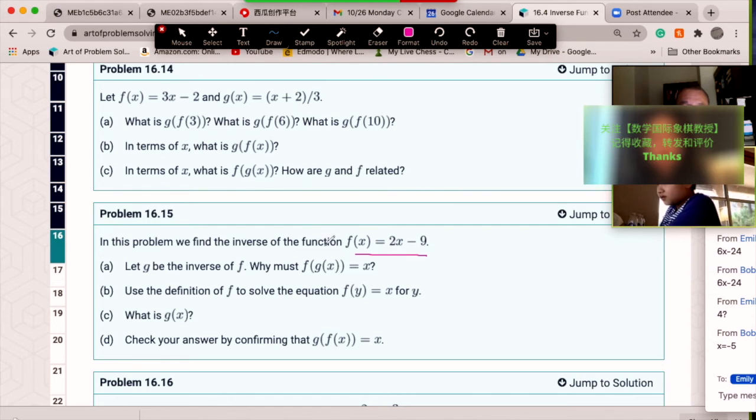Because, say, suppose this is the domain of g(x). They project through g. This one projects their values to the range of g. Now f(x) is the reverse of g.